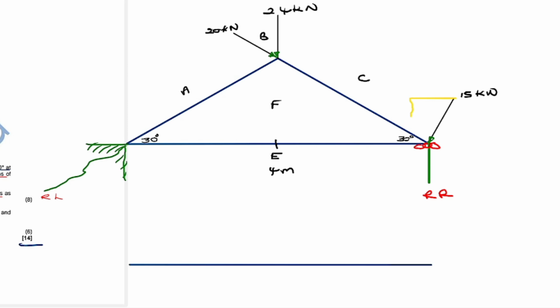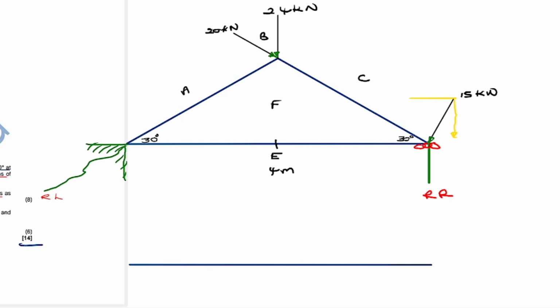So this here will be the vertical component. This will be the horizontal component and then this will be the vertical component. Okay, right. There's something I need to show you, but we'll get there.